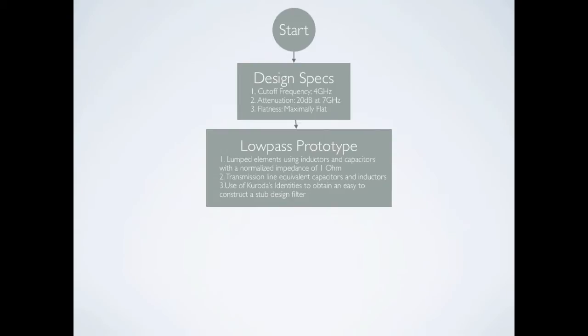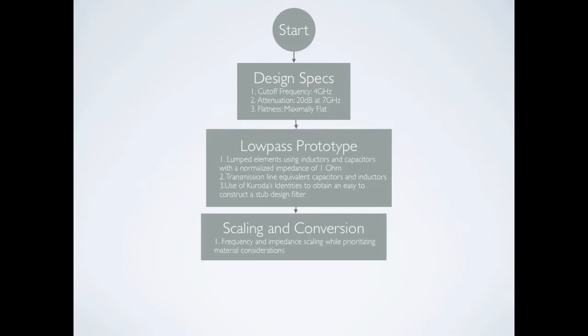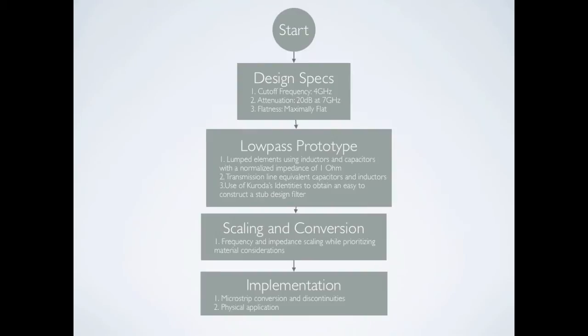After we drew the initial stub design filter, we used frequency and impedance scaling so that we could calculate the equivalent microstrip circuit dimensions. Once in Microwave Office, we will account for the discontinuities so that we could fabricate a physical structure.